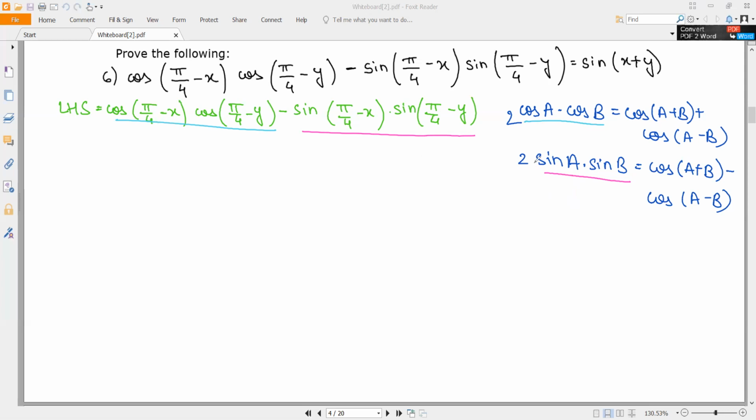So cos pi by 4 minus x, cos A into cos B, 2 has to go over here. So you should end up with 1 by 2 into cos A plus B. So adding these two values, pi by 4 minus x plus pi by 4 minus y, cos pi by 4 minus x plus pi by 4 minus y, plus cos of A minus B, pi by 4 minus x minus pi by 4 plus y.